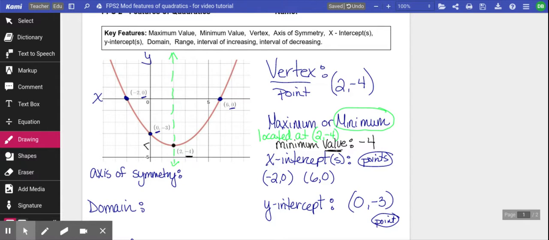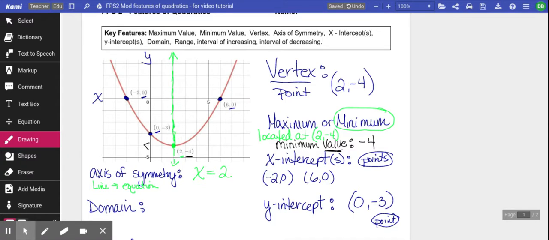It's always going to go through the vertex. So when we write the equation of the axis of symmetry, all of the x values, it's a vertical line, are going to equal the x value of that vertex. So our equation of our axis of symmetry is x equals 2. The thing to remember is the axis of symmetry is a line, so you need to express your answer as an equation.